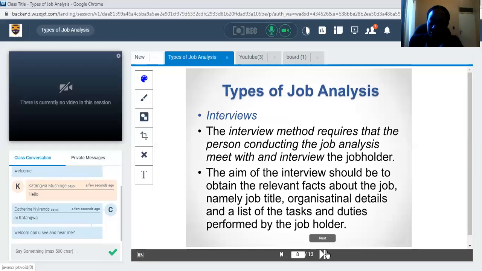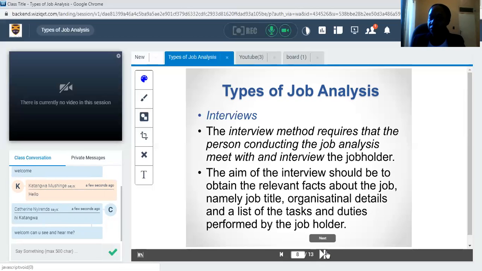Then the second type of job analysis is interviews. The interview method requires that the person conducting the job analysis meet with and interview the job holder. The actual person you're trying to study, you make time to meet them and conduct the interview.